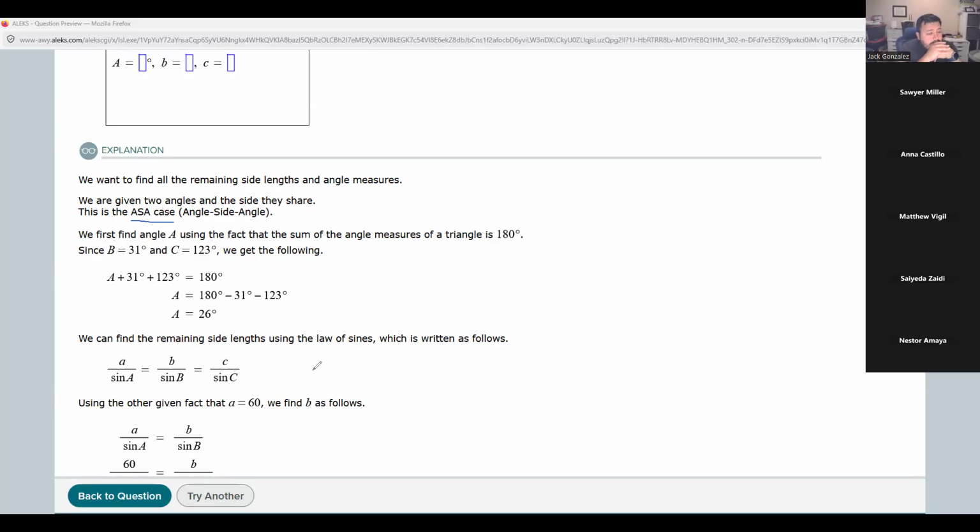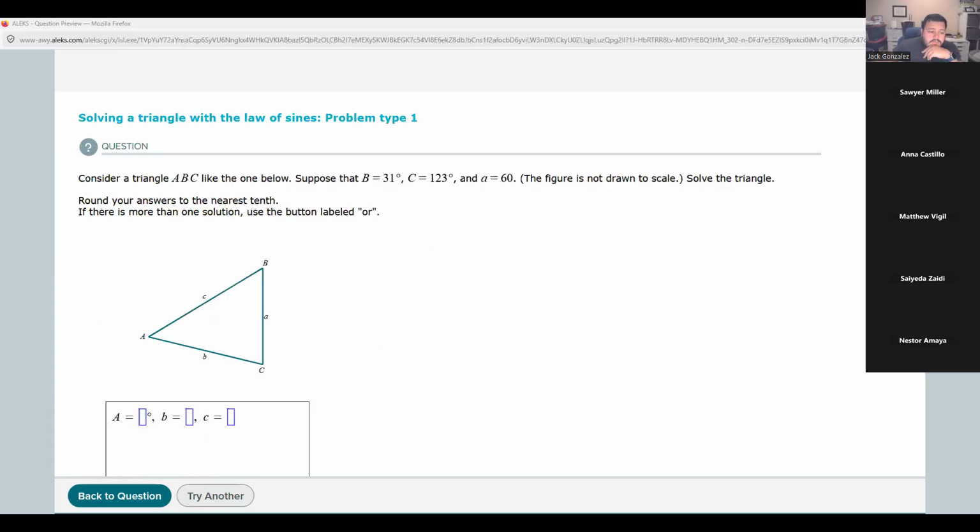But this one gave us two angles. So whenever you see two angles and you have a way to find an opposite side, then you're good. It's going to be easier than the other type. If you get only one angle and you can still use law of sines, then it's going to be a little challenging.